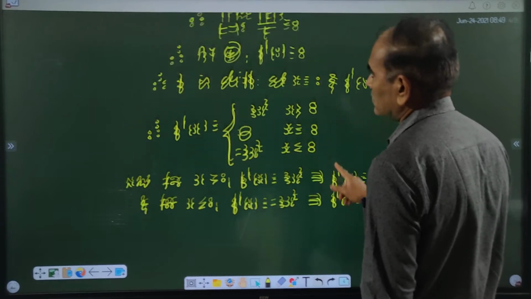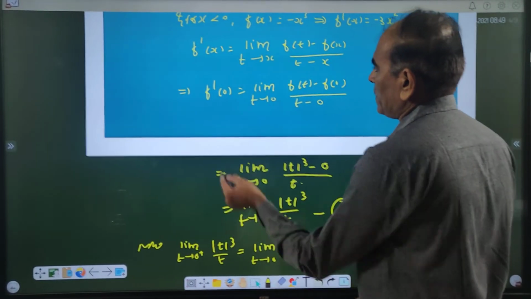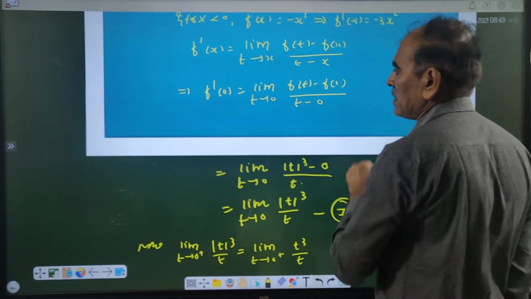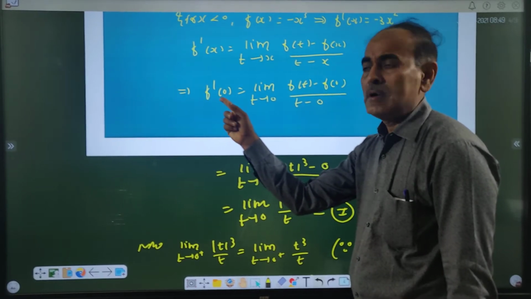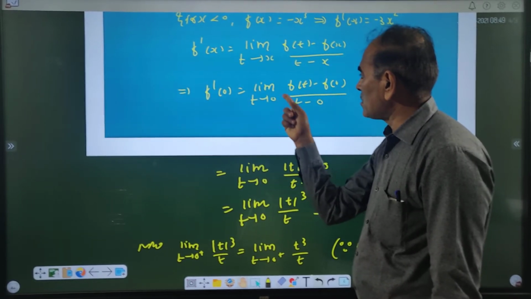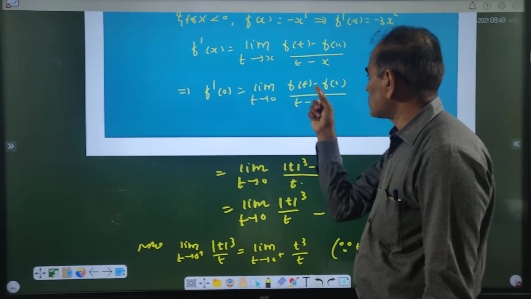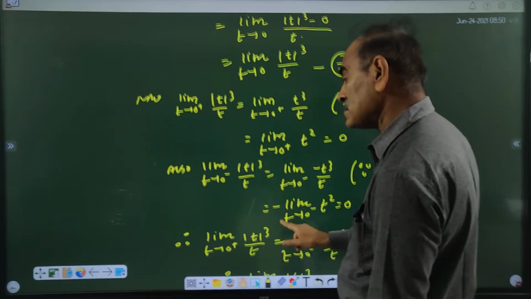Now see. f dash 0 is limit t tends to 0, f of t minus f of 0 upon t minus 0. Can you guess what will be f double dash 0? f double dash 0 is equal to limit t tends to 0, f dash t minus f dash 0 upon t minus 0. That is f double dash 0.